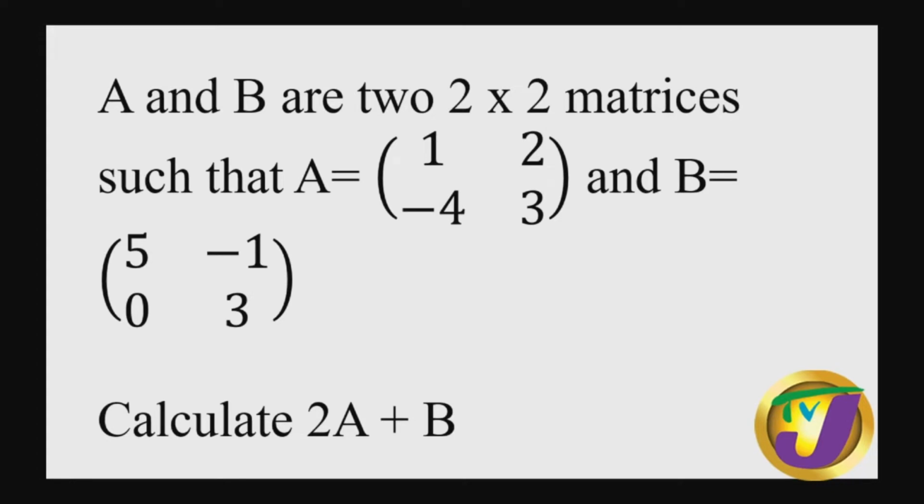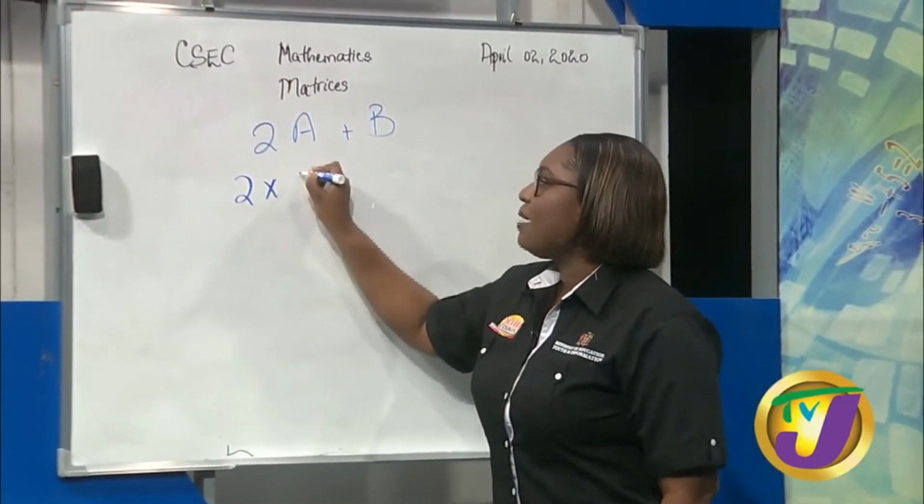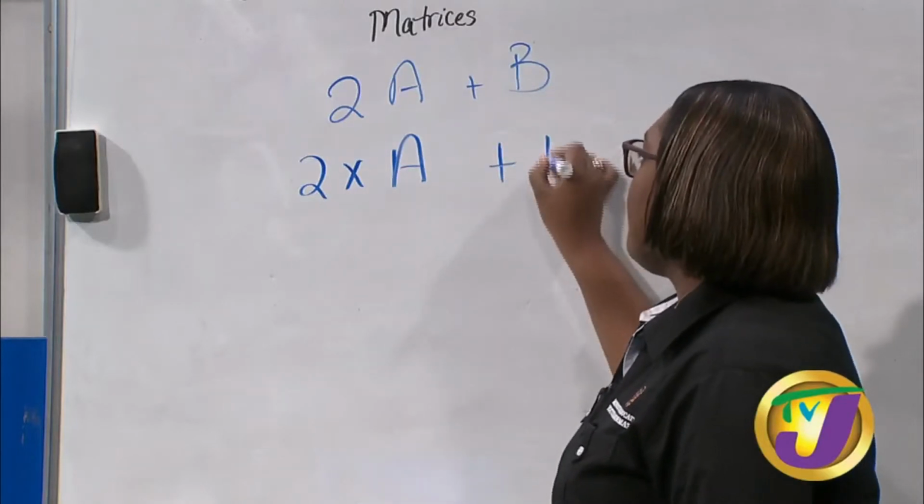We're asked to calculate 2A plus B. Remember, we just looked at scalar multiplication, so we know that 2A is the same as saying 2 multiplied by matrix A, plus B.